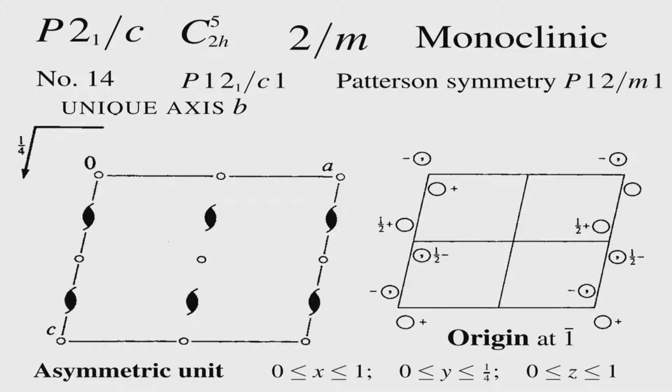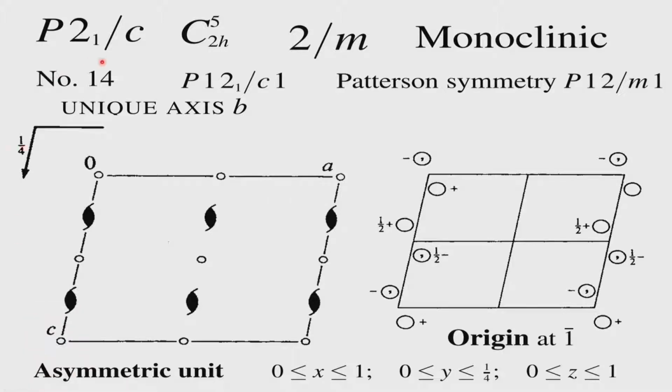P21 upon C, I have been mentioning again and again, is a space group where most of the organic compounds go into, and therefore, it is better we understand this space group a little more clearly. Again, the space group number in this case is 14.